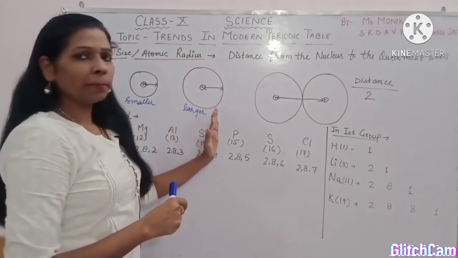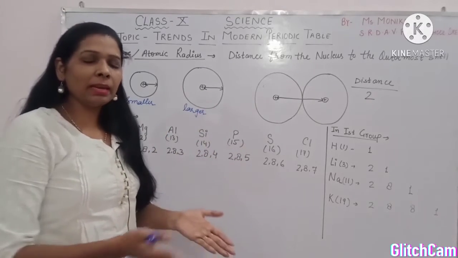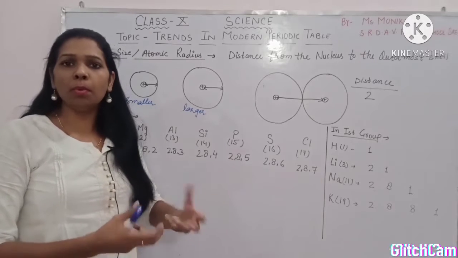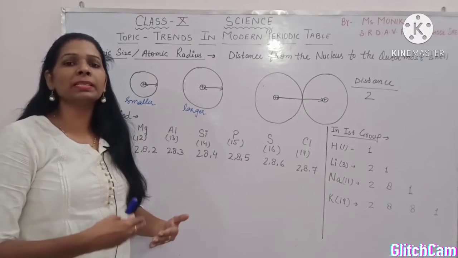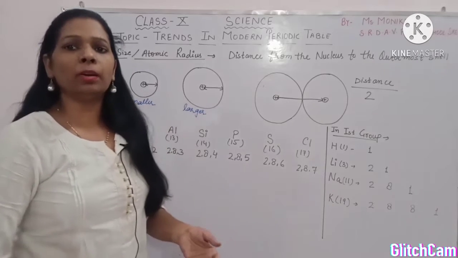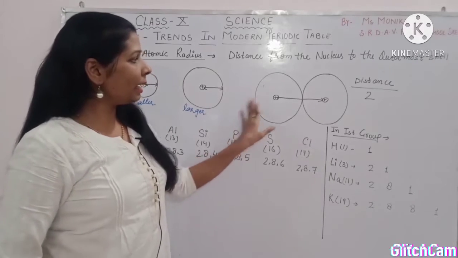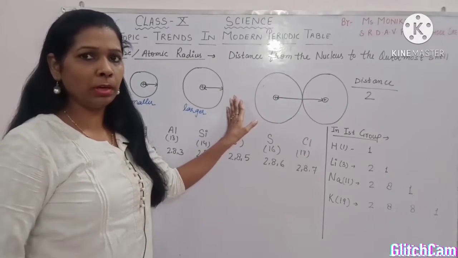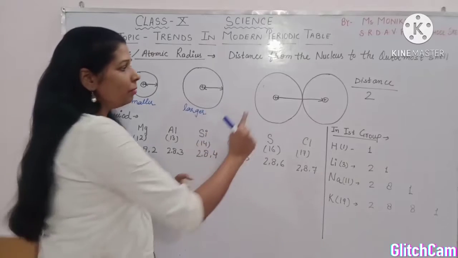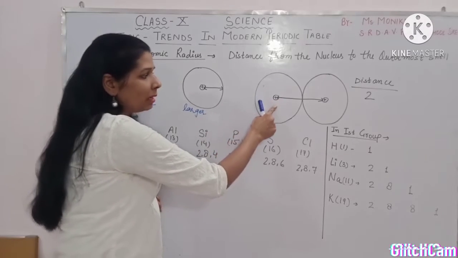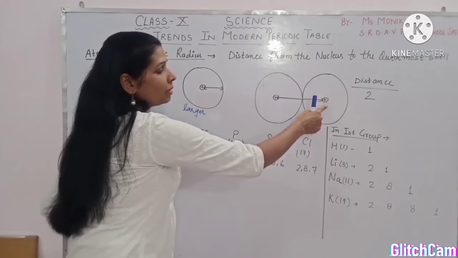If atoms are present in a combination, like in 9th class we had discussed that some elements are present in monoatomic form and some are present in diatomic, triatomic, or polyatomic form. If an element occurs in its diatomic form, in the form of a molecule, then we calculate the distance from the nucleus of the first atom to the nucleus of the second atom.